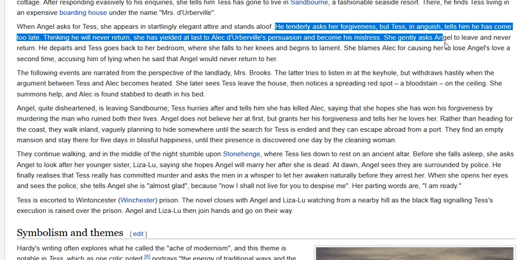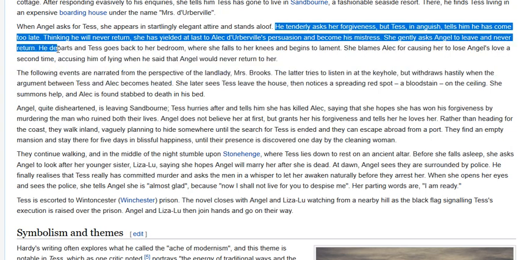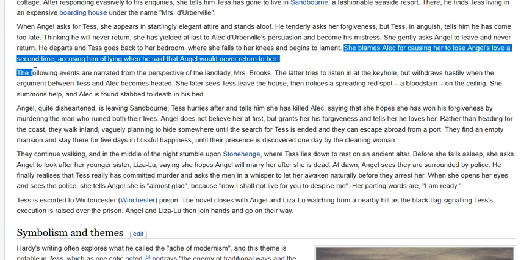She gently asks Angel to leave and never return. He departs and Tess goes back to her bedroom, where she falls to her knees and begins to lament. She blames Alec for causing her to lose Angel's love a second time, accusing him of lying when he said that Angel would never return to her.